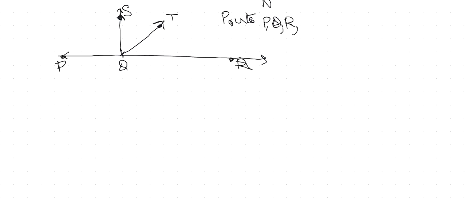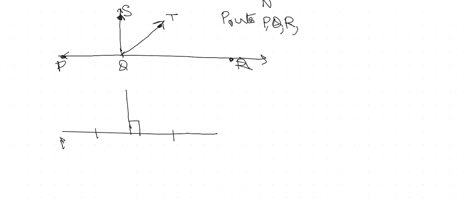To assume that, we should have these signs, that this is 90 degrees, and these two lines are equal.